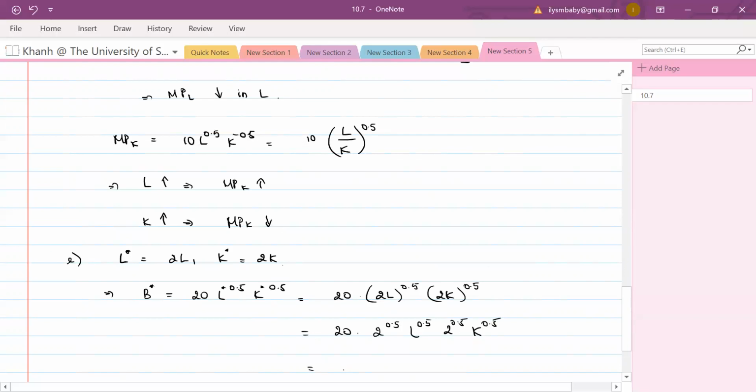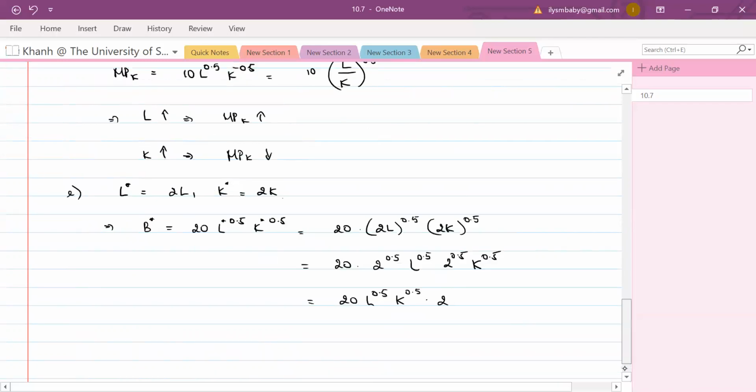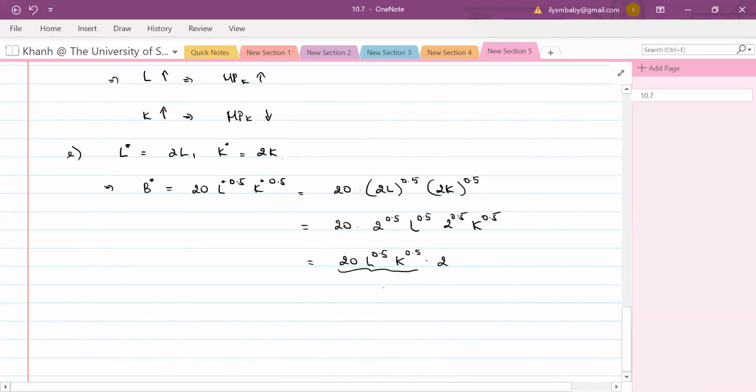If I simplify this, I get 20 L half, K half, and 2 to the power half times 2 to the power half is 2 to the power 1, which is 2. And as you can see, this thing over here is just the original output.